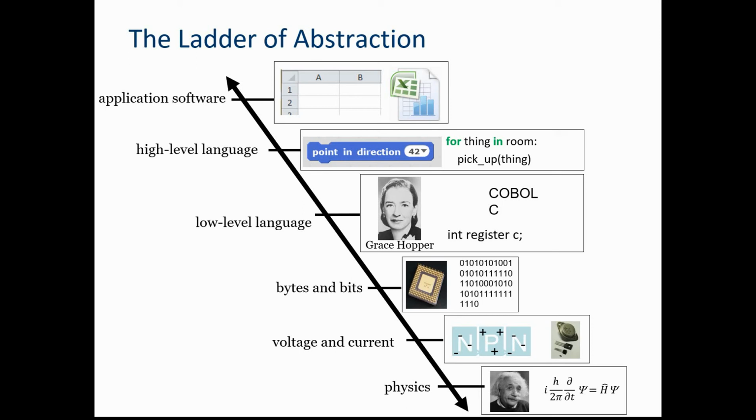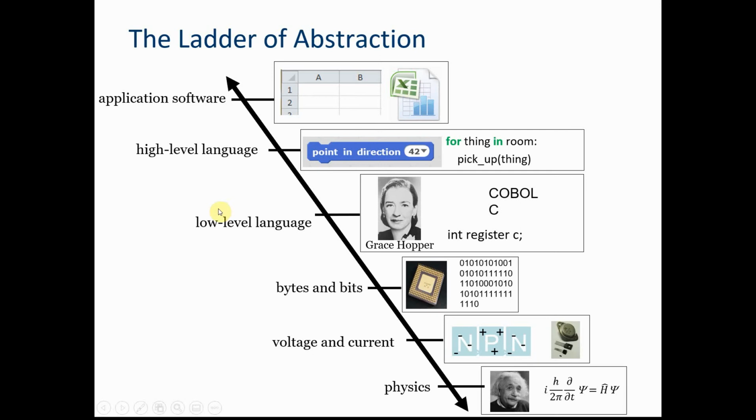All right, so as you move up the ladder of abstraction, the next level is voltage and current. And again, probably a little easier to understand than physics, but nonetheless, it could still be somewhat difficult to comprehend. As we move up further, we get into bits and bytes, the zeros and ones. And that's where we operate at DE as well as at the voltage and current level.